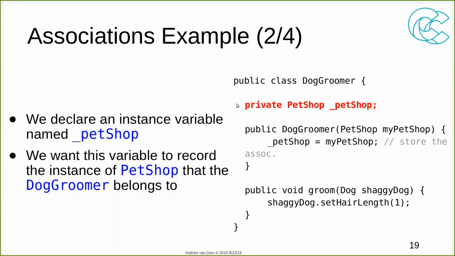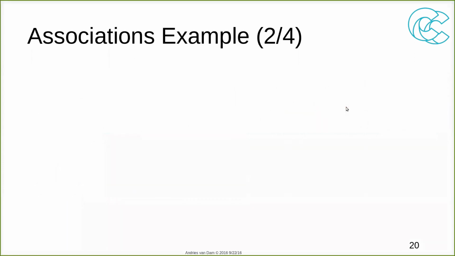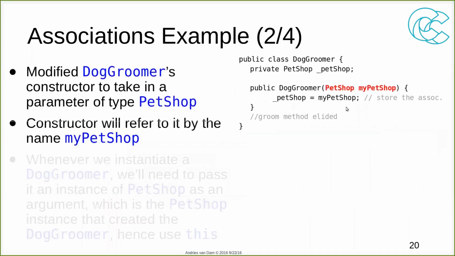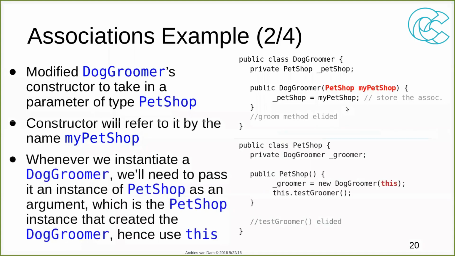So that creates this association between dog groomer and pet shop. And now you want to create the reverse association. So you want to say that even dog groomer should be associated with the pet shop. So you create an instance of pet shop here, and then make this association. And now the pet shop knows about dog groomer, and dog groomer knows about the pet shop.